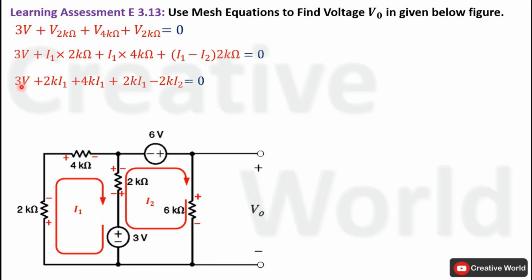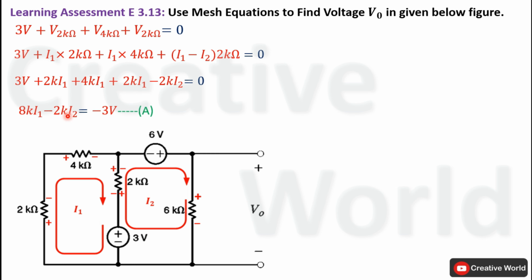The equation will become 3 volt plus 2k I1 plus 4k I1 plus 2k I1 minus 2k I2. We will add these values together because these have same variables. 2k I1 plus 4k I1 and plus 2k I1 will become 8k I1. Place this constant on the other hand side of equal.